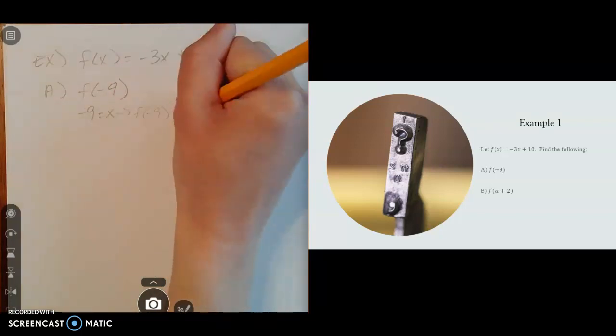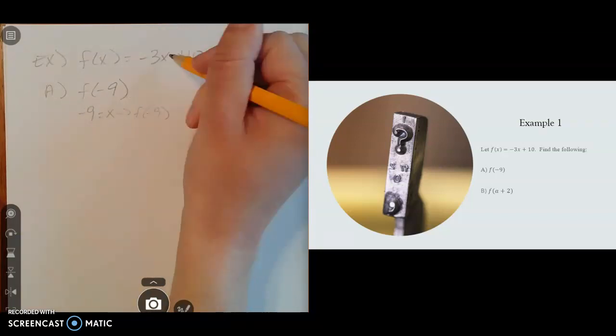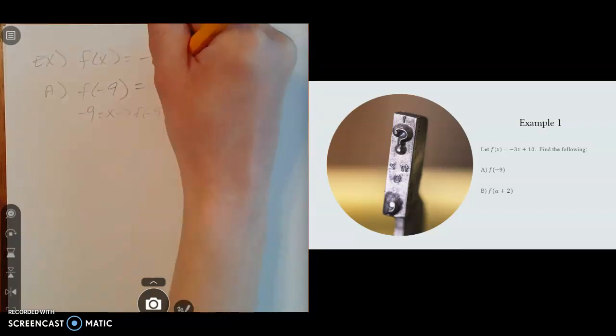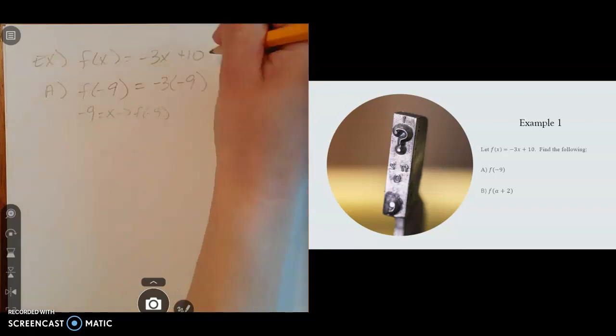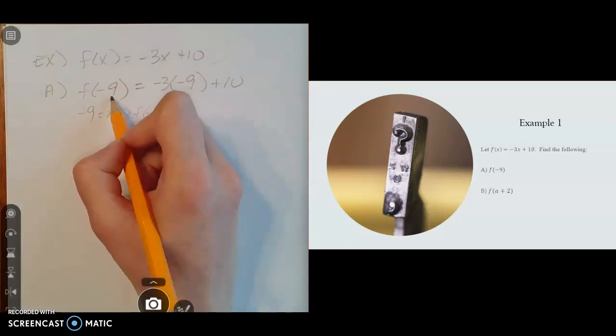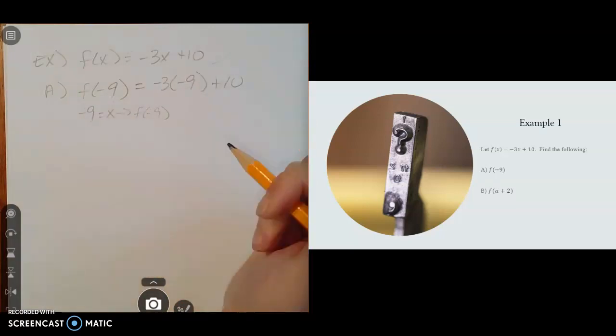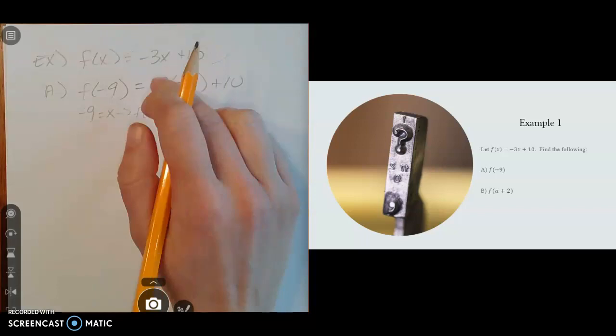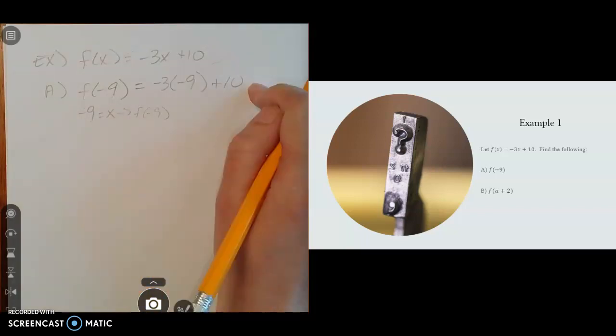Okay, we're going to find the output. So negative 9 is our input. We're going to put that in there for x. So we'll have negative 3 times negative 9 plus 10. I'm just taking our function and putting negative 9 in there for x, because negative 9 is x. And after doing that function rule, we'll get our output.